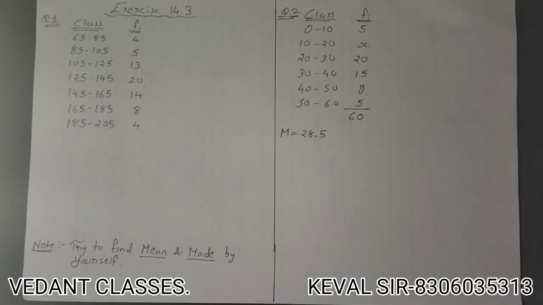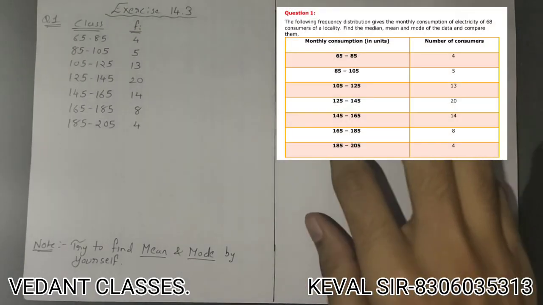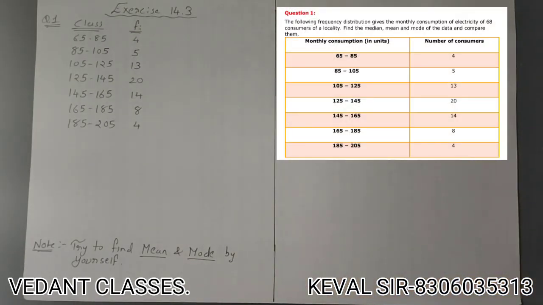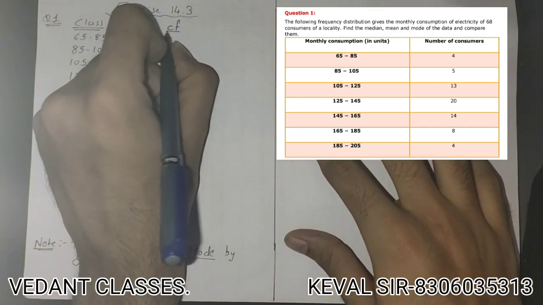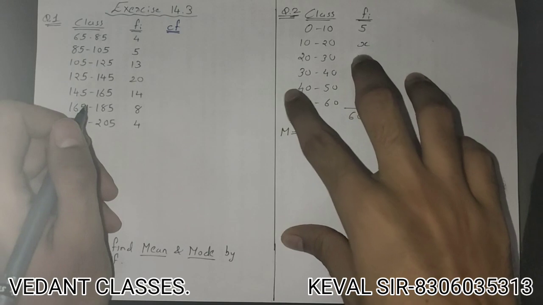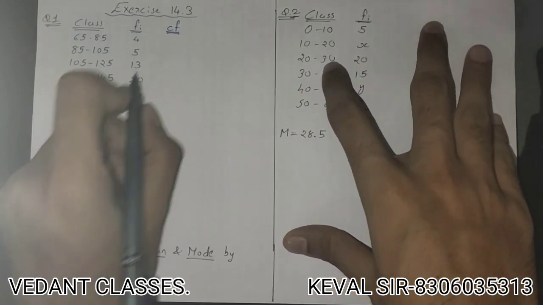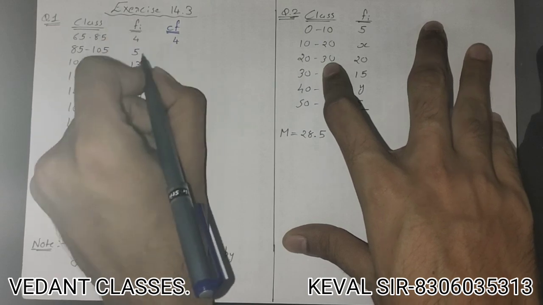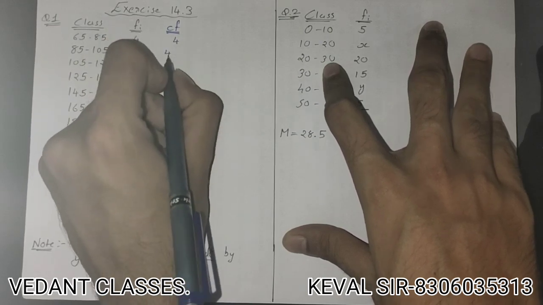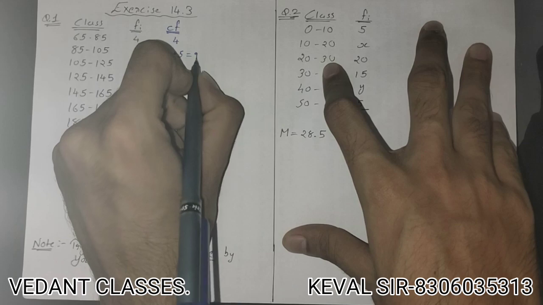Let's start with exercise 14.3 question number 1. In this median we need to make a new column of cumulative frequency, noted as Cf. Let's see how we can calculate the value of Cf. First, the first frequency is 4. Now add diagonally: 4 plus 5 is 9.